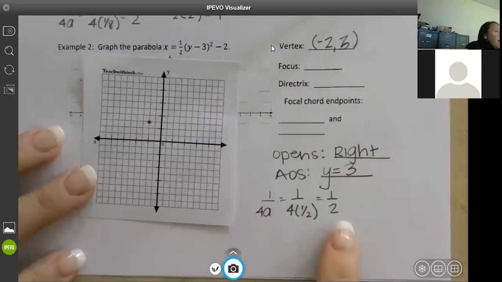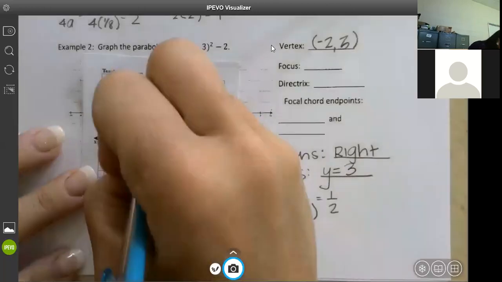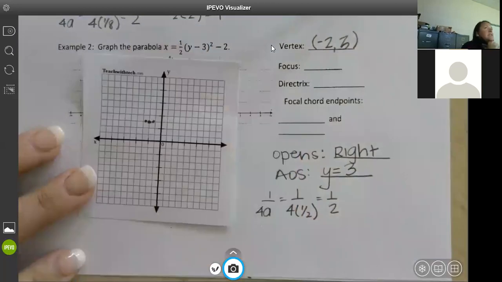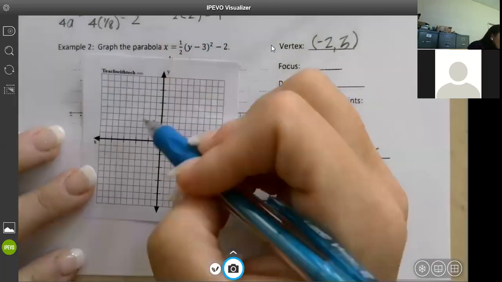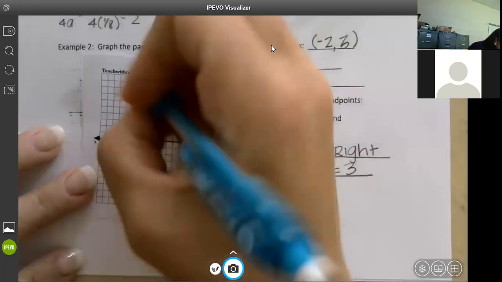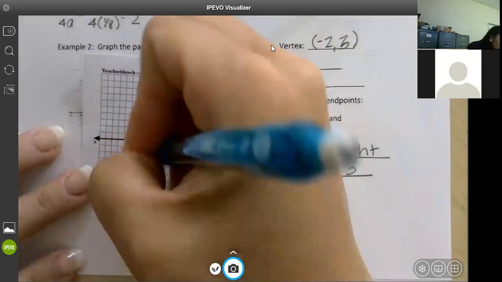We're going to go 1/2. Which ways? Left and right. Okay, I know that's really tiny, but you guys can figure it out. All right. So which one is the focus and which one's the directrix? If it opens to the right, this inside is your focus. This line is your directrix.